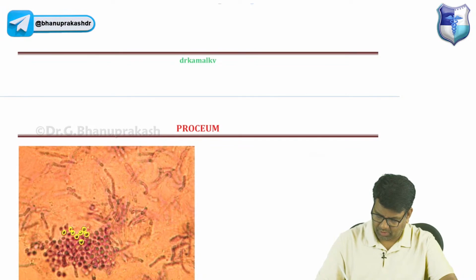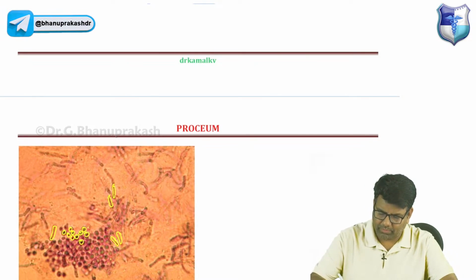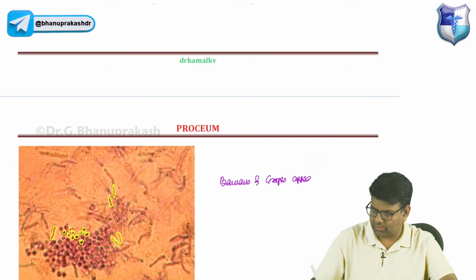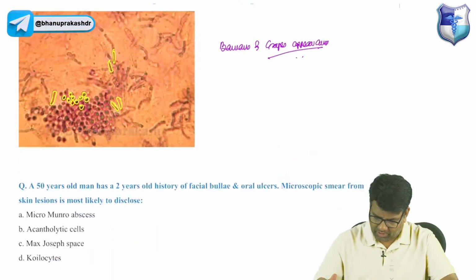These are the meatballs, and we will also see the elongated forms, which are actually the spaghetti. Spaghetti and meatball appearance, and sometimes it is also known as banana grape. Just because of those looks, it is also known as banana and grape appearance. Yes, right. So spaghetti and meatball, and banana and grape.